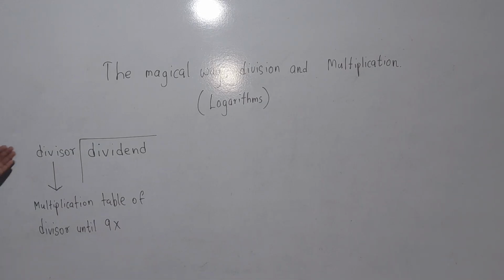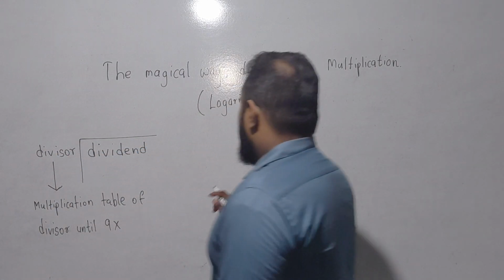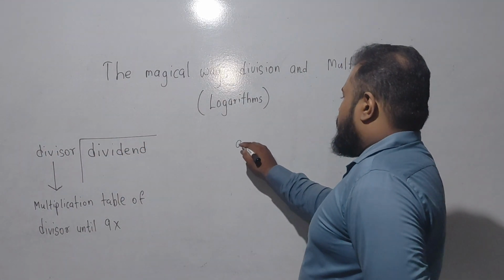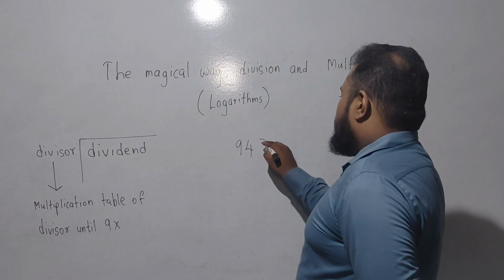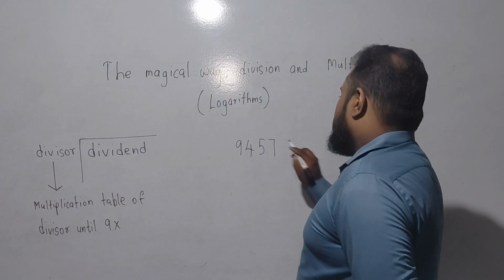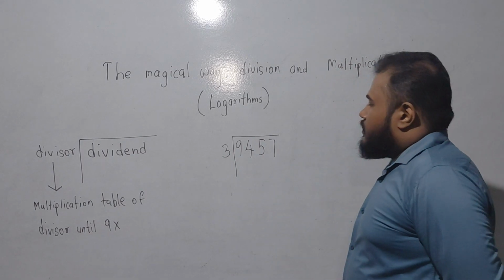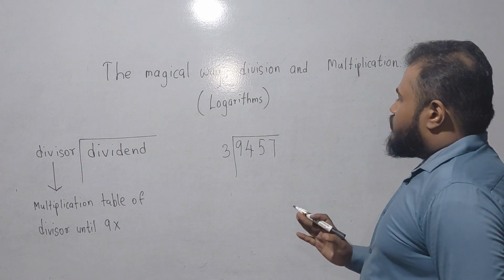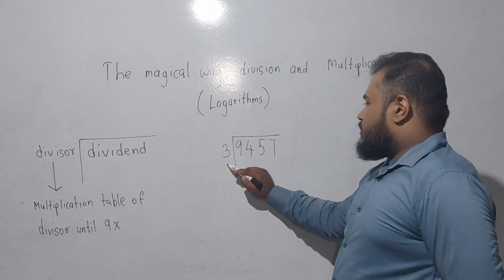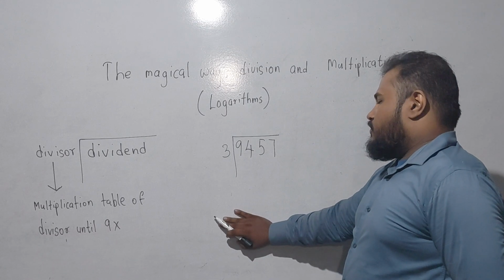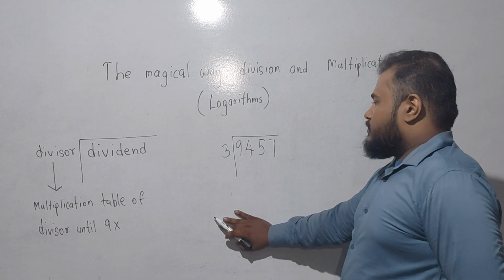That means if you know the multiplication table of the divisor until 9 times, you can divide easily, like this. Think you have to divide 9457 by 3. To do this easily, you must know the 3 times table until 3 times 9. If you know that, you can divide easily.